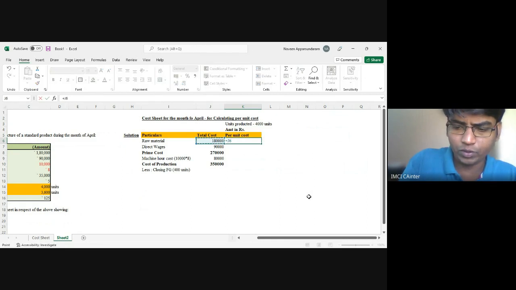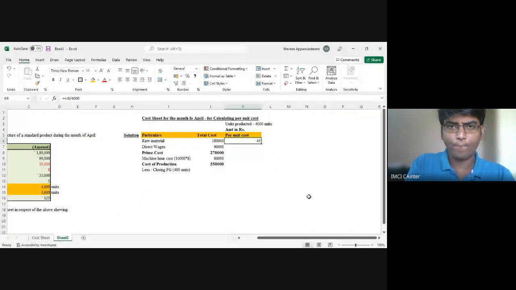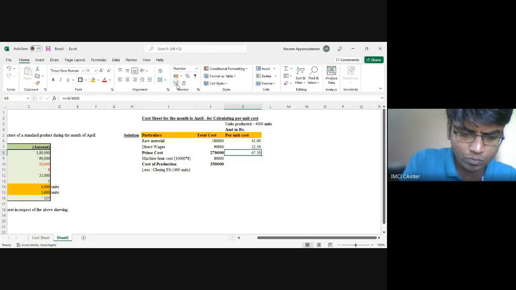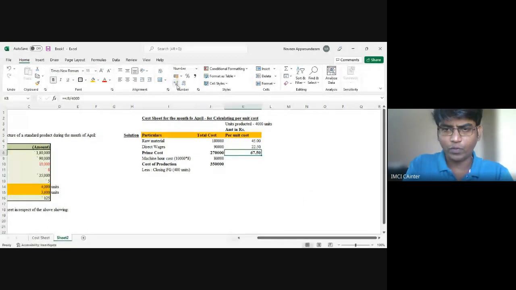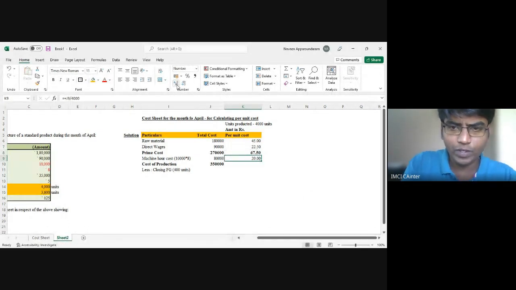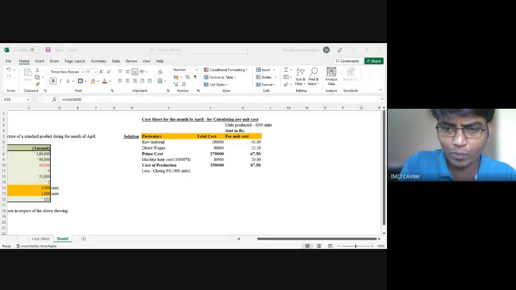Arrive at the per unit cost by dividing by 4000 units, correct? Machinery cost is 20 rupees, so divided by 4000 it is 20 rupees. Again, if I divide it, it is 87.50.